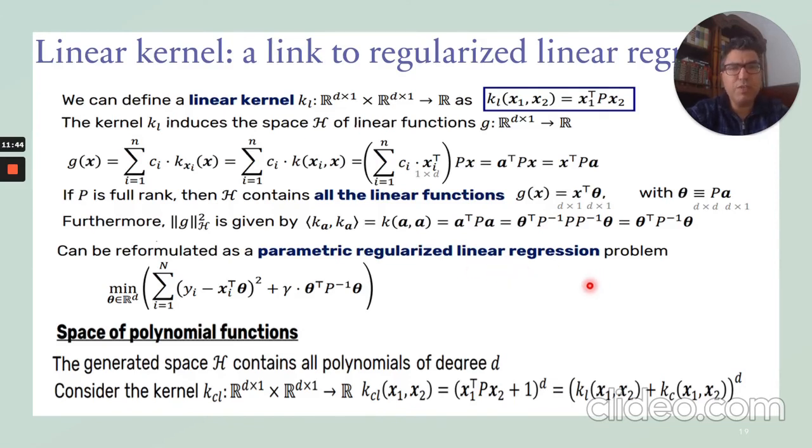So now if we take this linear kernel and we add some constant kernel and then we multiply them together, then we can generate a polynomial kernel, and then we can generate the space of polynomial functions with the degree d.